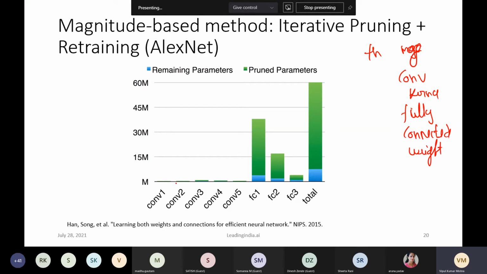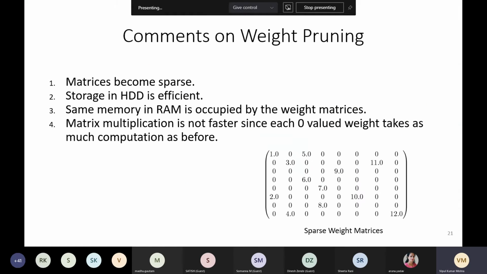You can see we are not reducing a lot from the convolution layers, but we are reducing a lot from the fully connected layer. The only part left is this blue, and this part we have removed. This is the pruned parameters, and this is the remaining parameters. In AlexNet, we are reducing a lot, and still we are getting much better accuracy. That is the magnitude based method.